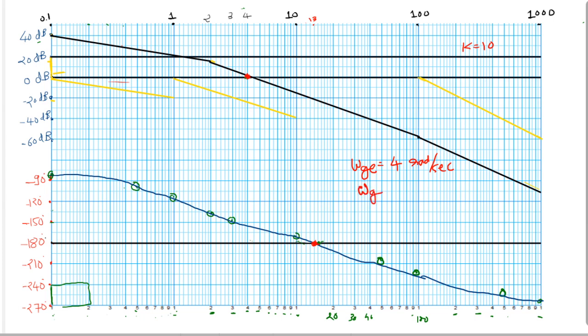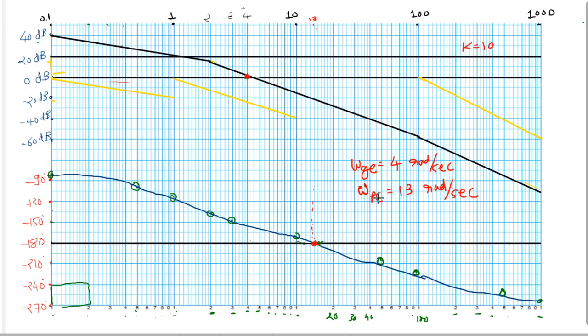So the phase crossover frequency is 13 radian per second.